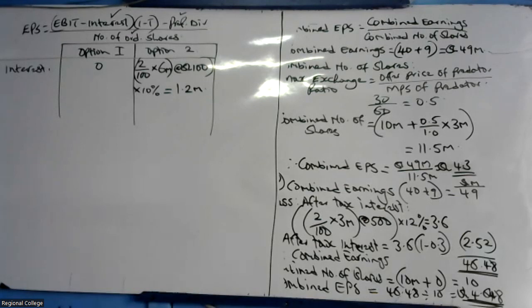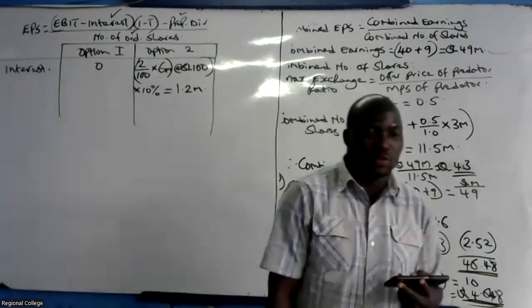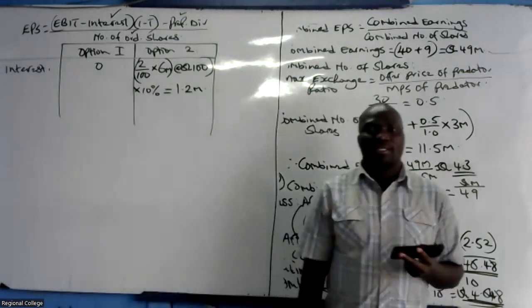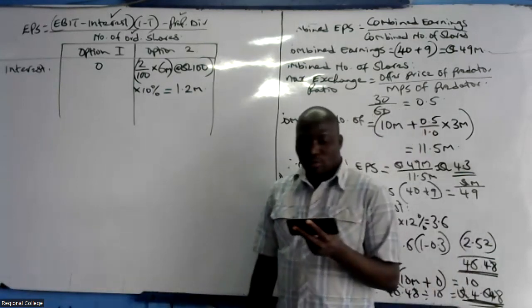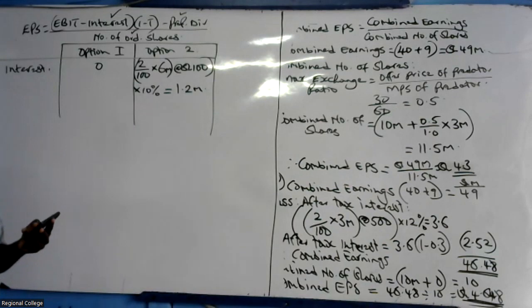Just to be analytical: 2 debentures for 100 shares out of 6 million shares gives you the new number of debentures that you are going to offer. Each debenture has a par value of 100. So the interest on the debentures is 1.2.